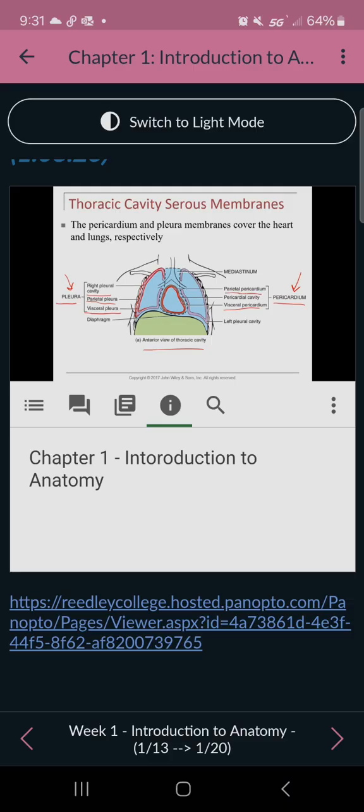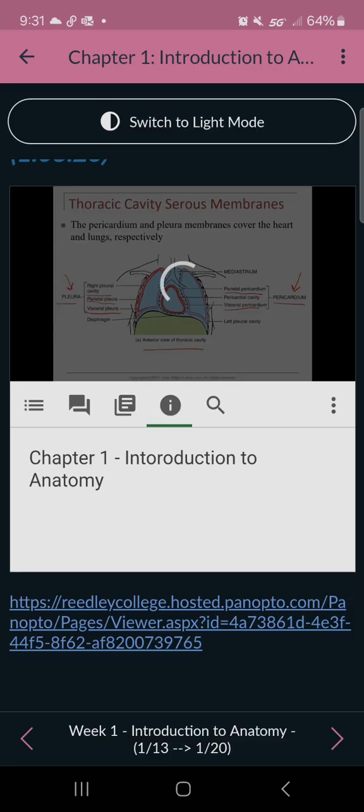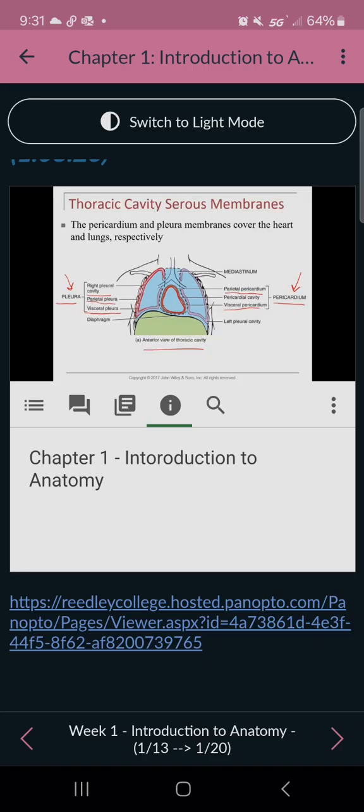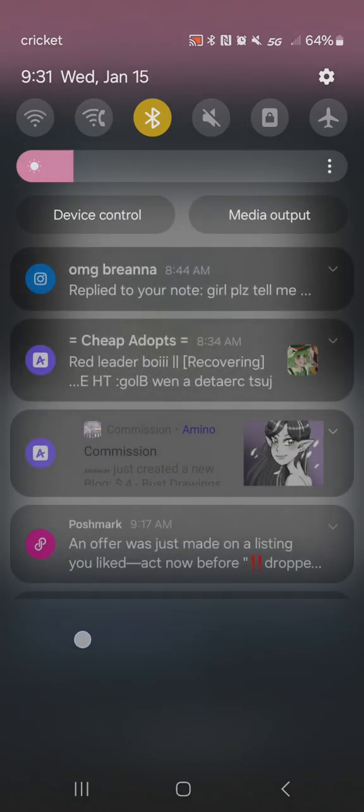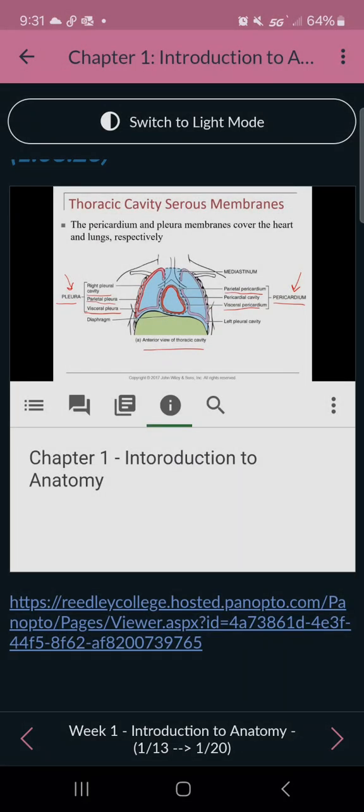And then we have the parietal pericardium, which lines the chest wall. Okay, so here this outside layer is going to be the parietal layer, and between them is the pericardial cavity filled with a small amount of lubricating serous fluid.